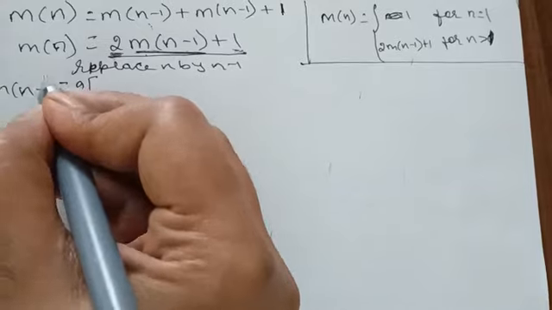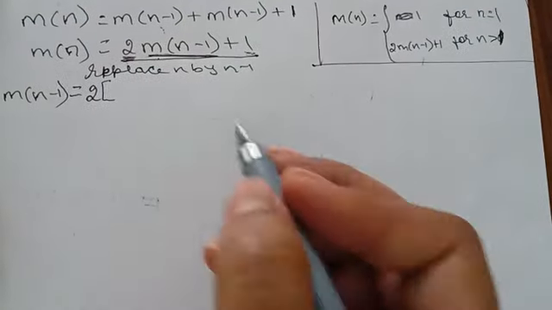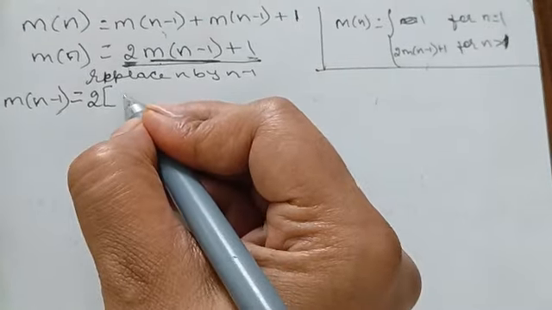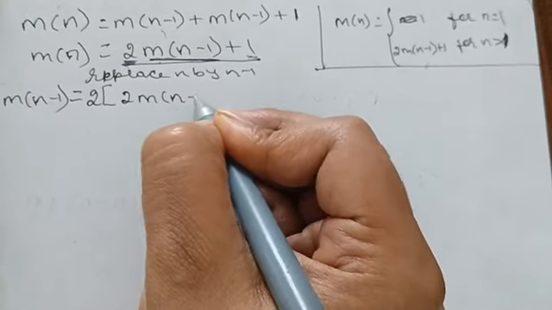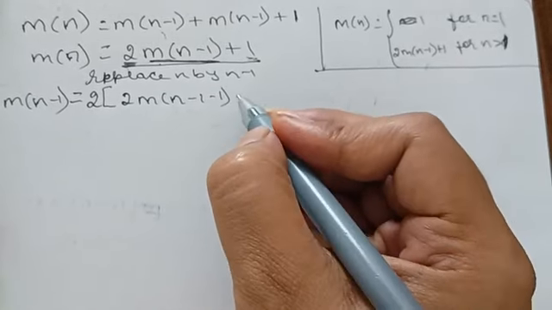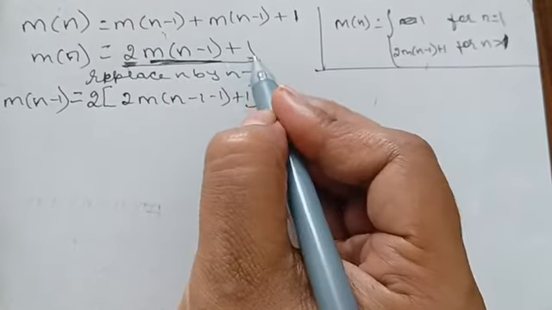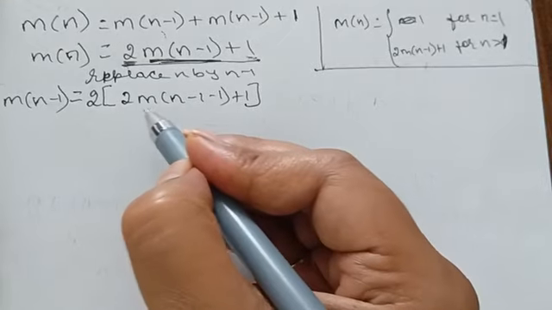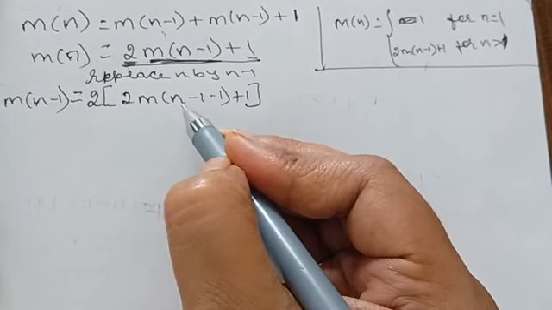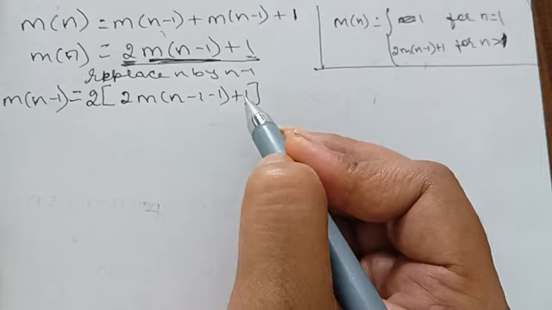m of n minus 1, this is it, not? So next, 2 of 2 into m of n minus 1 minus 1 plus 1. For this function, I have replaced this entire thing. 2m, replace n by n minus 1, m of n minus 1 plus 1.